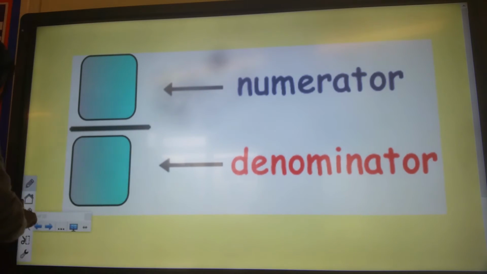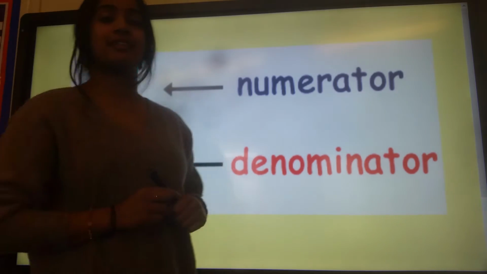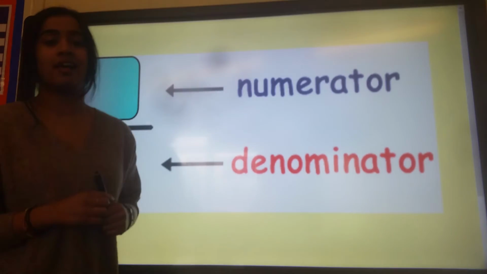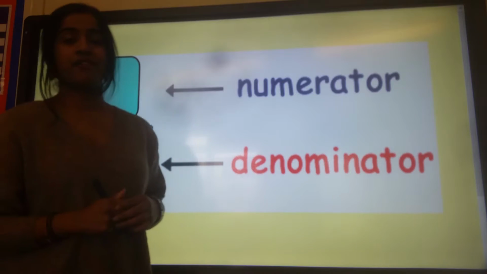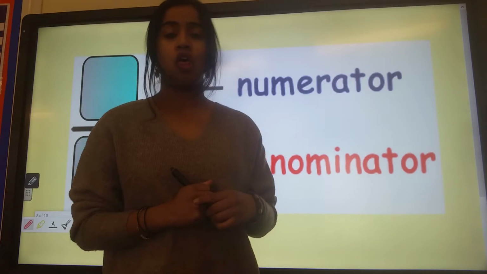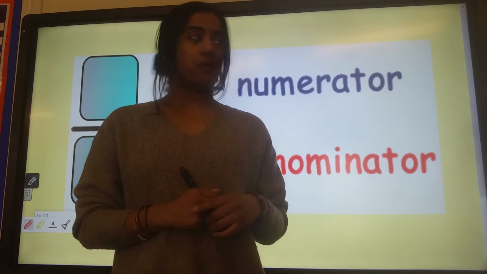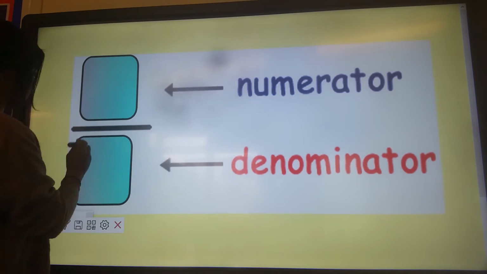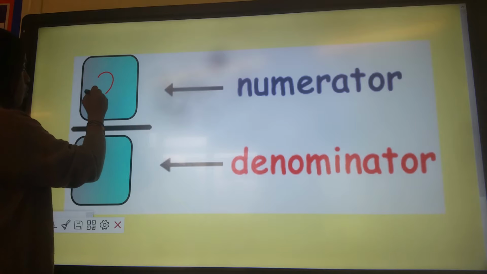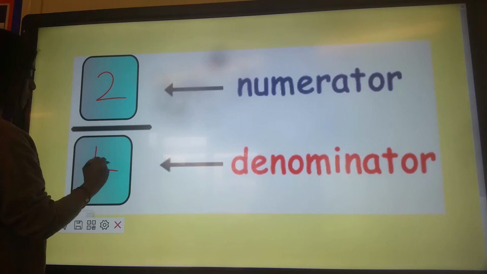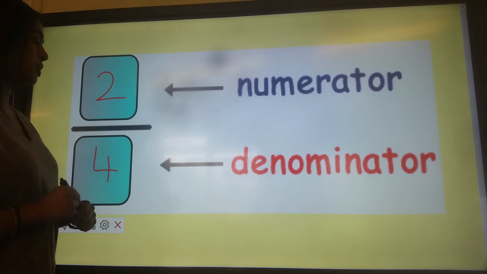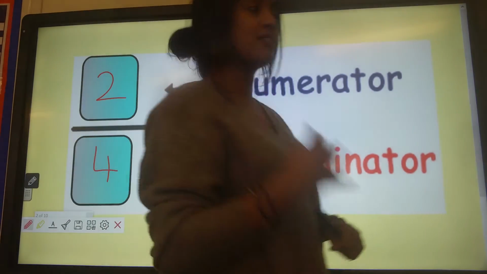Are we ready? So, as a fraction, 2 quarters. Our numerator is going to be 2 and our denominator is going to be 4.